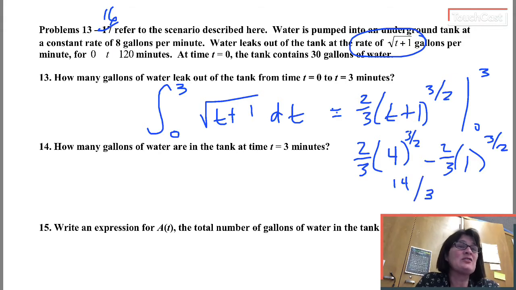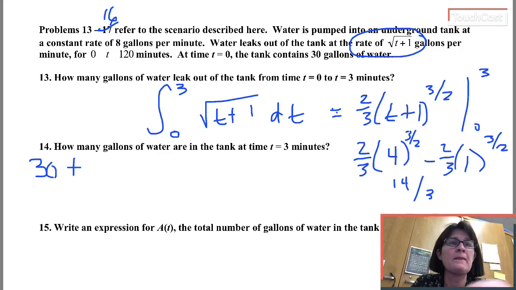How many gallons of water are in the tank at time t equals 3? We have to make sure we're remembering the 3 kinds of water that matter. There's how much water we started with, there's how much water leaks out, and there's how much water comes in. So you could notice that we're going to start with 30 gallons of water.